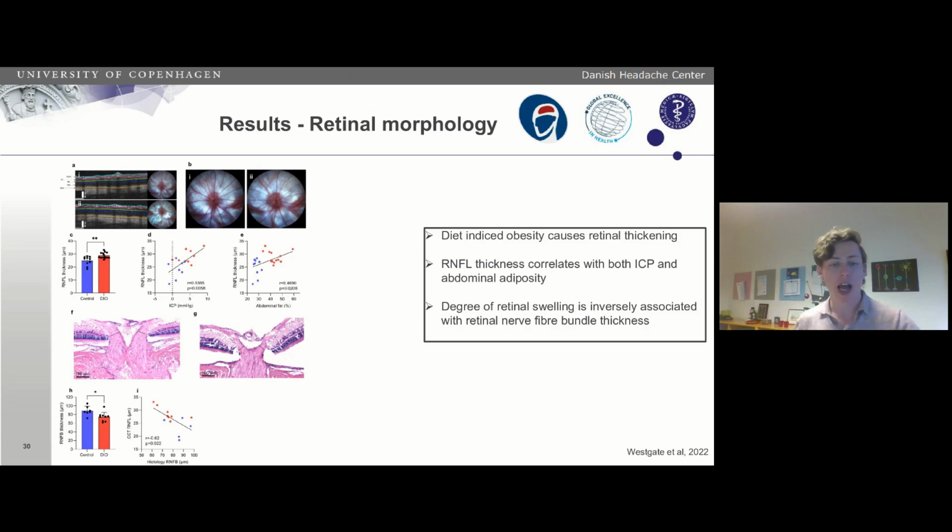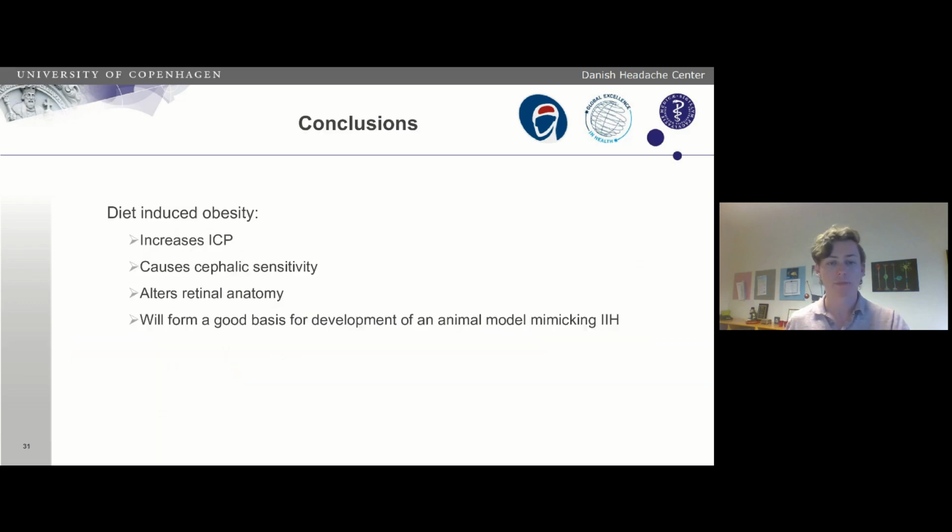Interestingly, there's an inverse correlation between the RNFL thickness and the retinal nerve fiber bundle thickness. So the degree of swelling at the beginning is predictive of nerve fiber bundle thinning, i.e. a degree of degeneration, which is also what we see in the clinic.